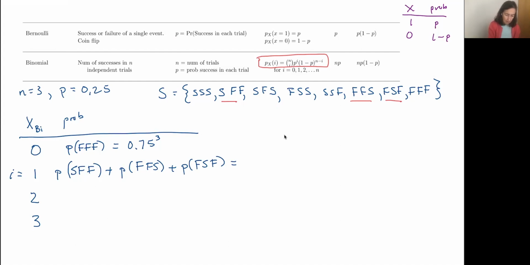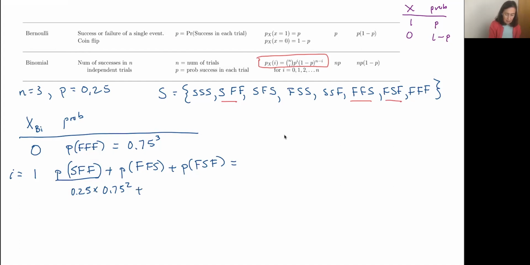Actually, I'm going to give myself a little more space because I'd like to write the probabilities right under that. So this probability is the probability of success, 0.25, times the probability of failure, 0.75, times another failure, 0.75, so 0.25 times 0.75 squared.